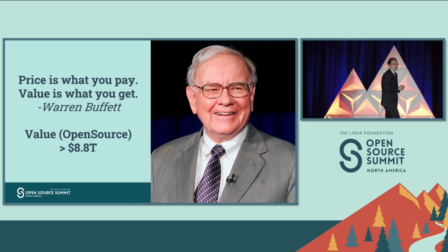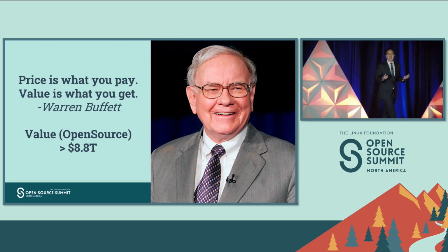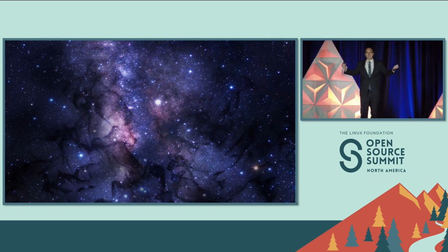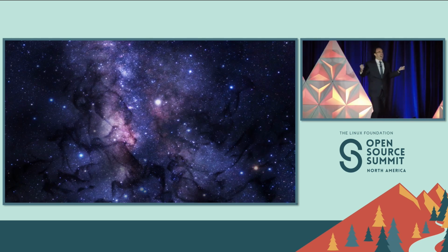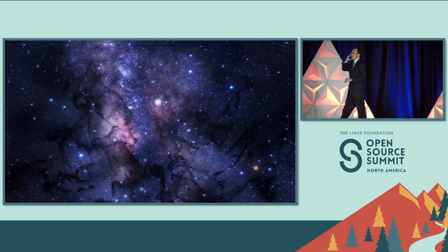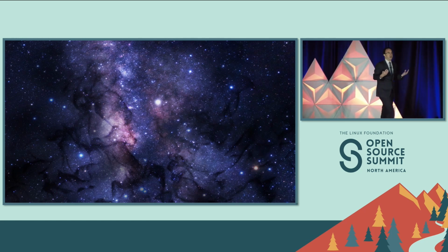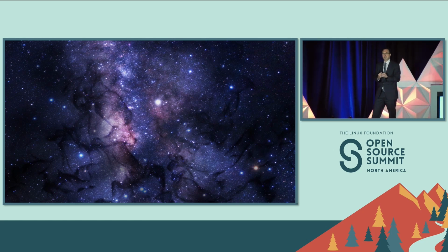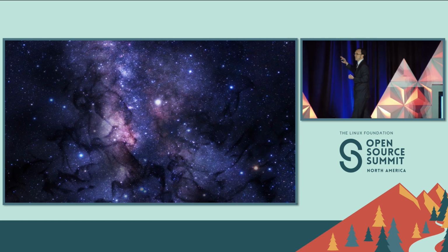Excellent. So, I mentioned I wear a couple of nerdy hats. I think in an alternate life, I actually would have been the nerdiest of the nerds, which is an astrophysicist, at least in my opinion. And so when we started thinking about this, we were trying to think about what are some other things that are out there that we know exist but are very hard to measure. And so we settled on dark matter as a corollary.